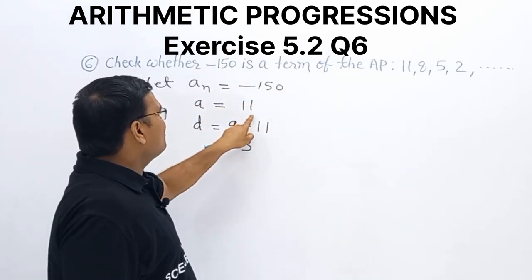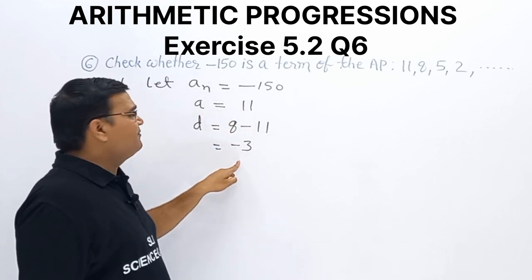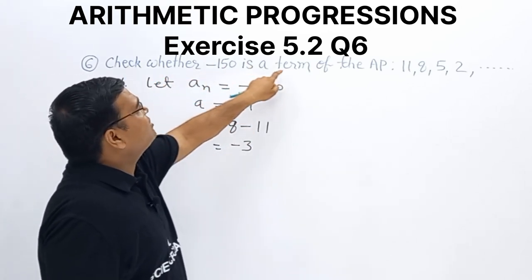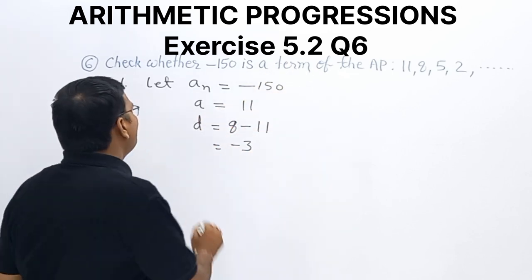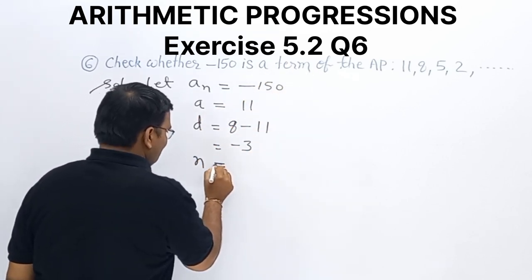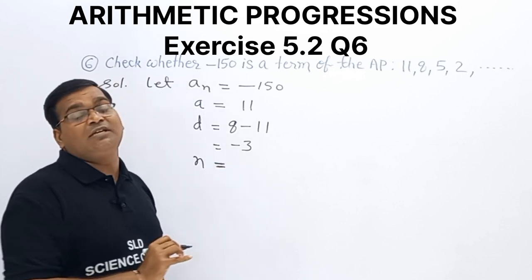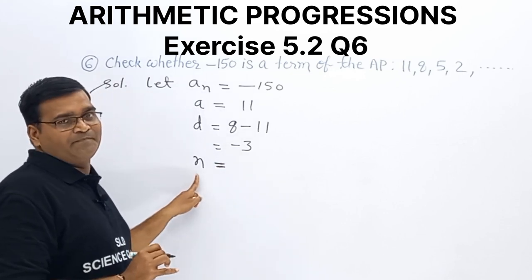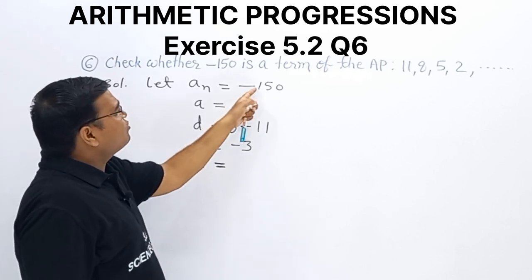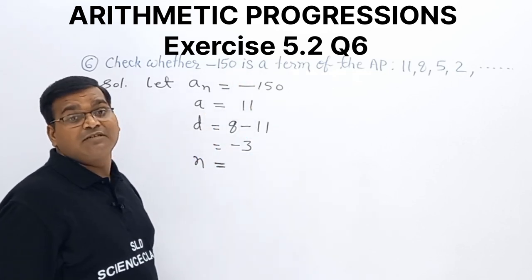a is the first term of the AP, d is the common difference. Now check whether this is a term or not. It means we want to find the number of the term. Once we get a positive integer n, then we can say the given number, minus 150, is a term of this AP, otherwise not.